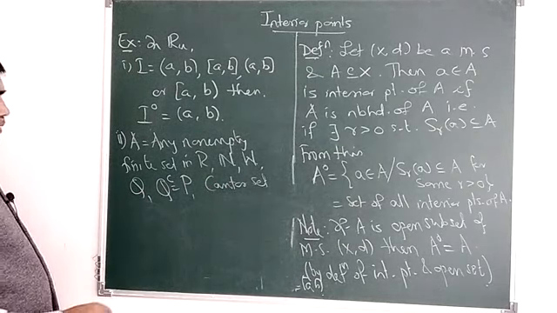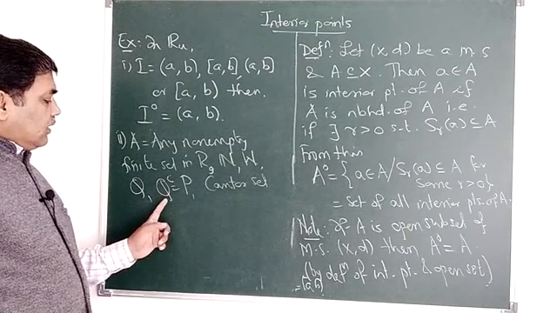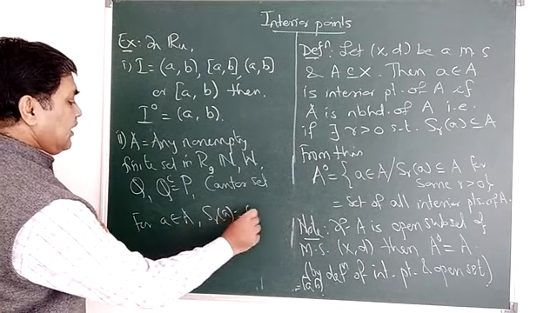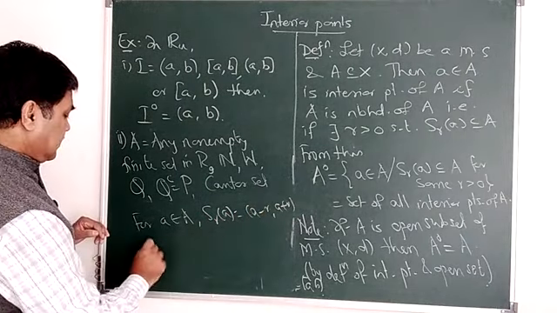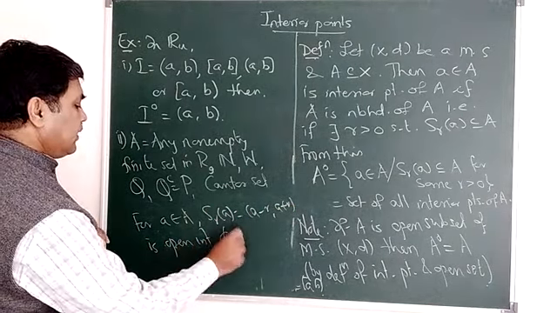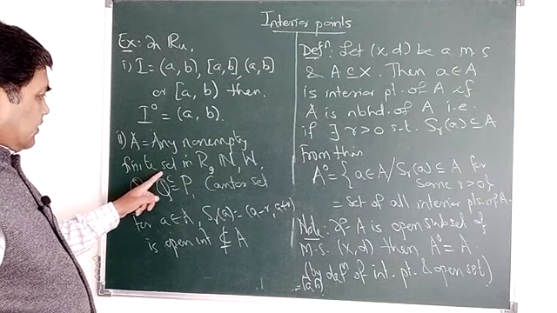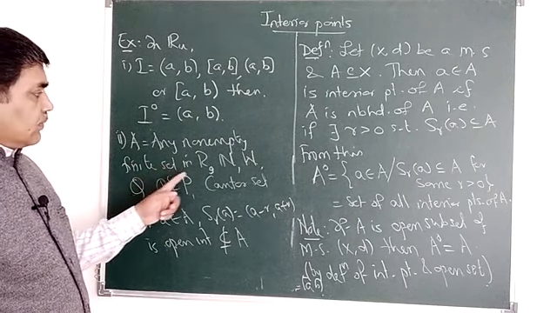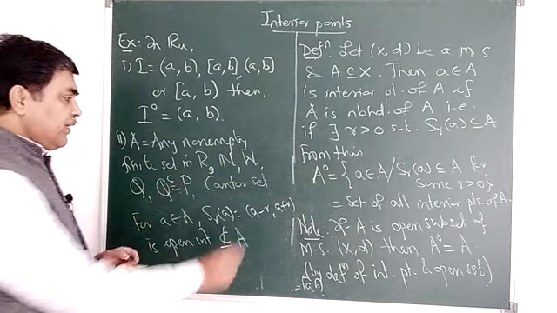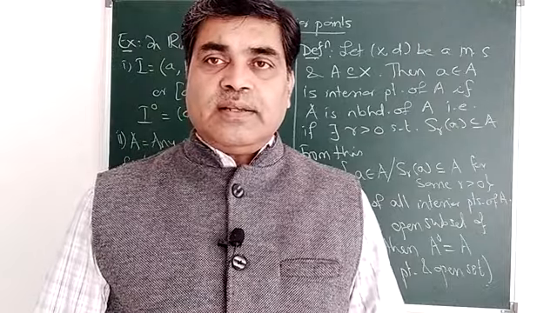Now here you can observe, for a finite set in R, for any a belonging to A, what is S_r(a)? It is (a minus r, a plus r), an open interval, not a subset of A, because a finite set can't contain an interval. The set of natural numbers, whole numbers, rational numbers, irrationals, and the Cantor set don't contain any interval.